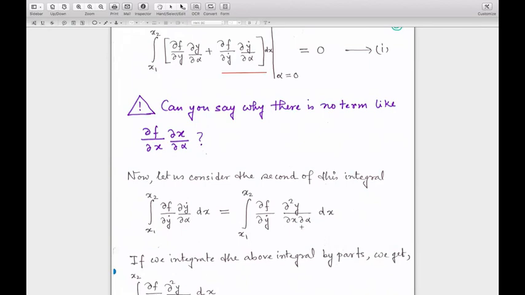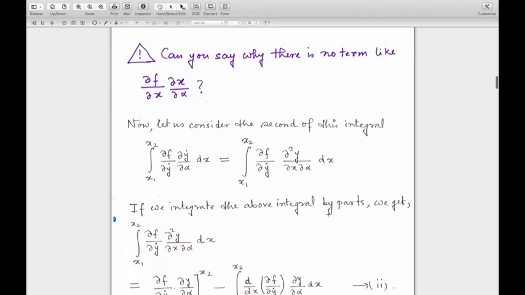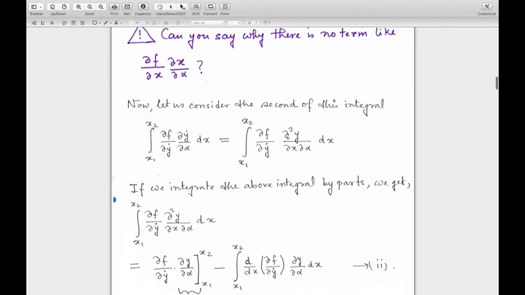Then you can interchange the partial differentiations among themselves, and you will have that equal to the integral from x1 to x2 of del f/del y dot times del squared y/(del x del alpha) dx. Now again, I can write this del x as d/dx.